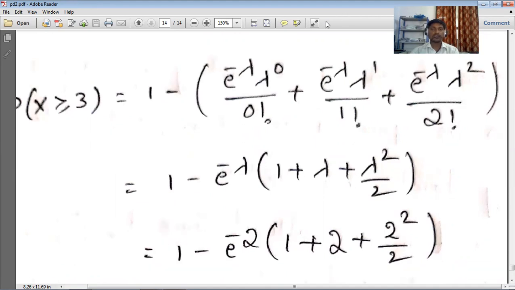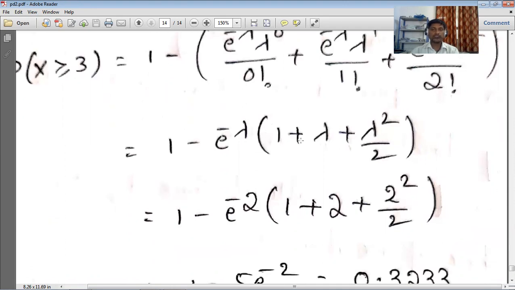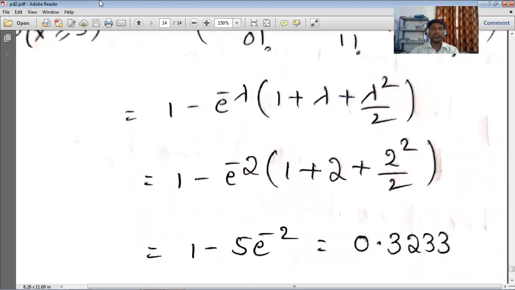Next we substituted 2 in place of lambda, because we know lambda. Then 1 minus e power minus 2 into 1 plus 2 plus 2 squared by 2. So we got 1 minus 5 e power minus 2, which is equal to 0.3233.